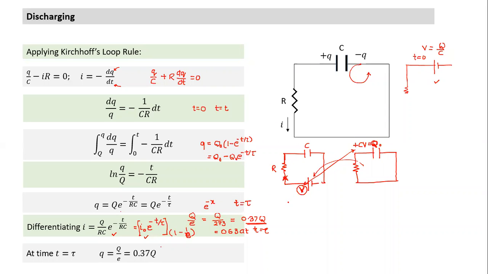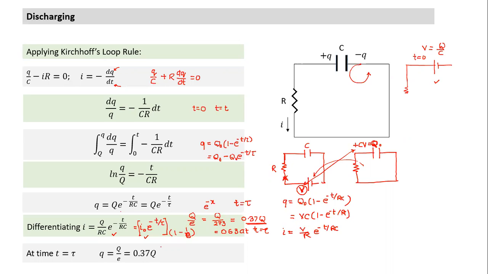And if we write the equation also, what is the value of Q here? Q is equal to Q naught (1 minus e raised to power minus t by RC). And what is Q naught here? VC or EC. And hence, what is the I value equal to?